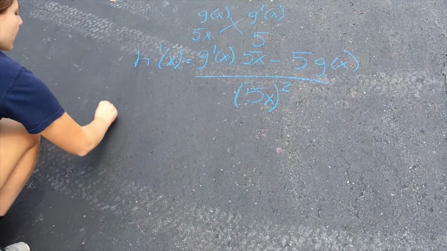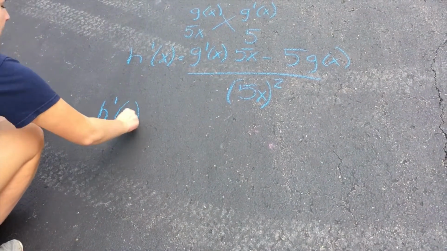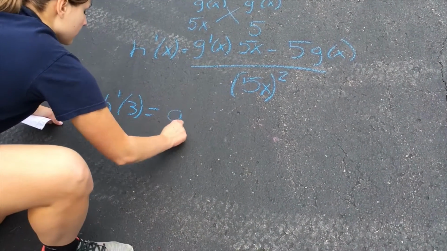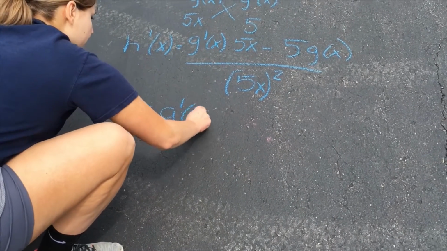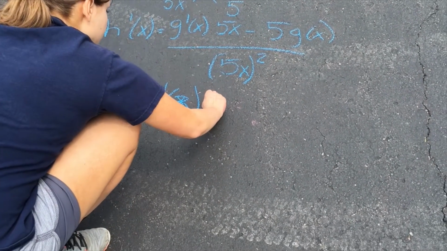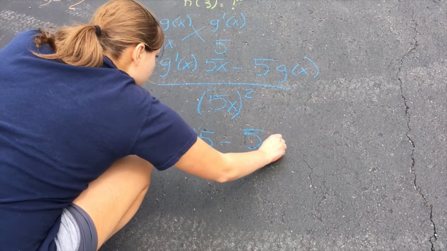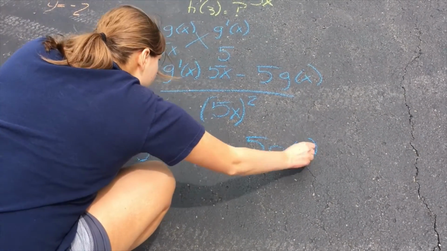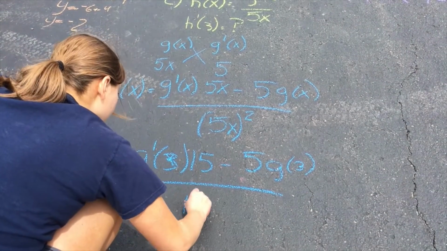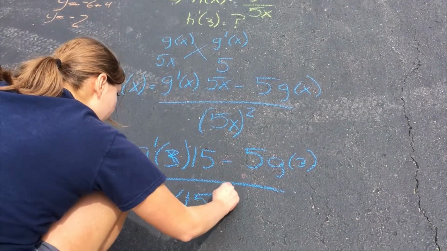All we need to do is plug in the 3 for the x values. So we have g prime of 3 times 15 minus 5g of 3, divided by 15 squared.